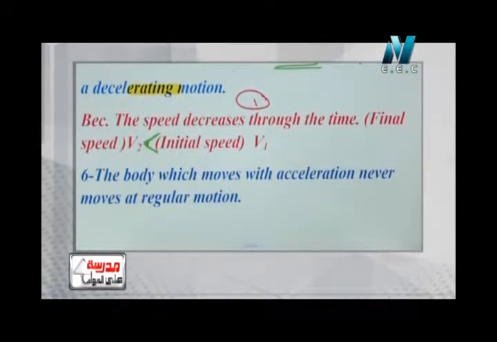Number 6. The body which moves with acceleration never moves at regular speed or regular motion. Pay attention, what did it say? The body which moves with acceleration never moves at regular motion or regular speed.